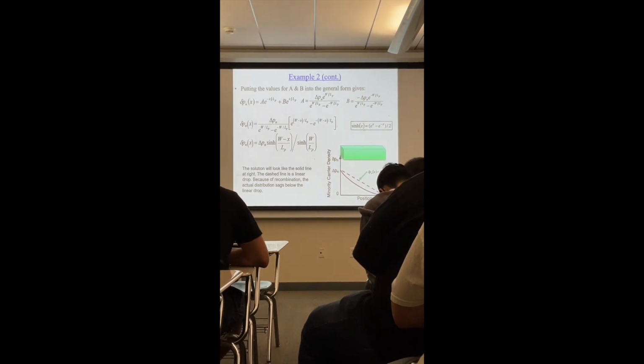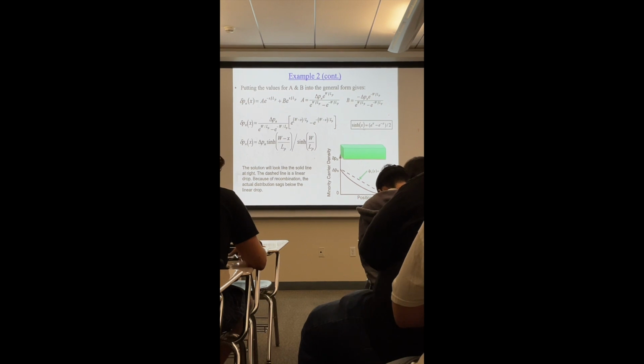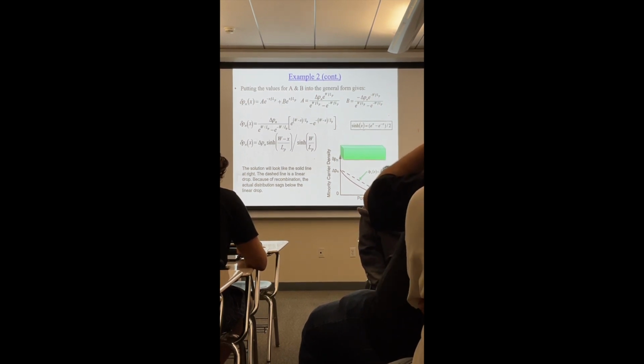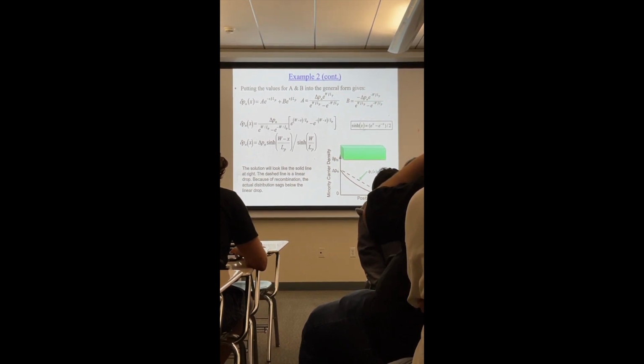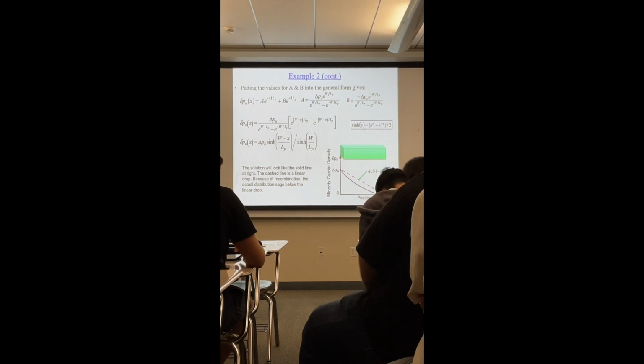This expression shows us how the excess carriers change with position, and we can plot it. This will be the solid line here. It decays and goes to 0.